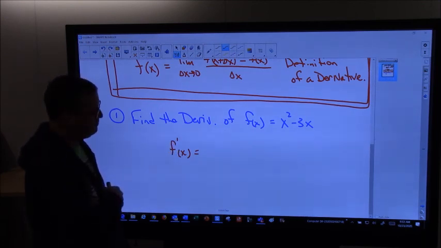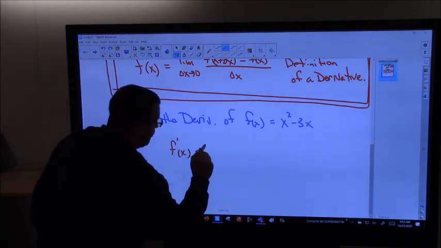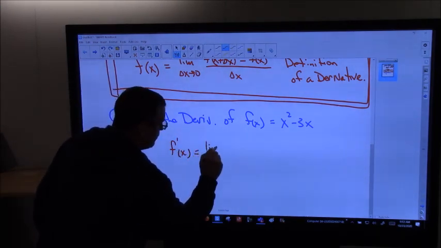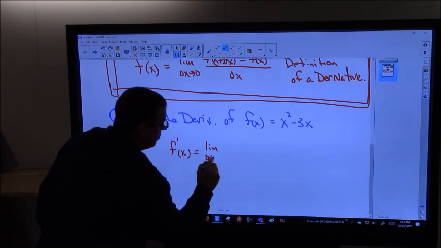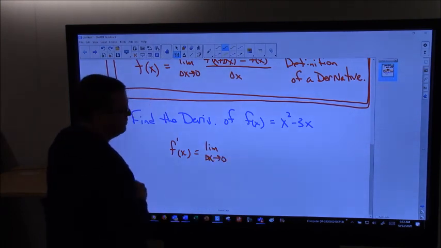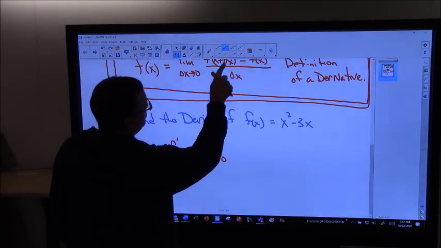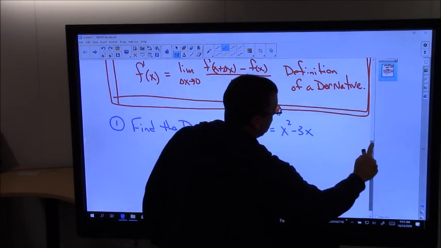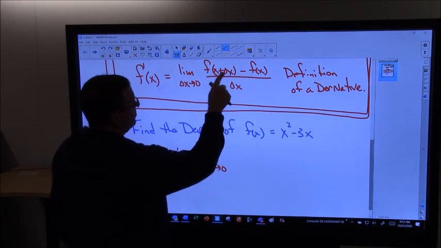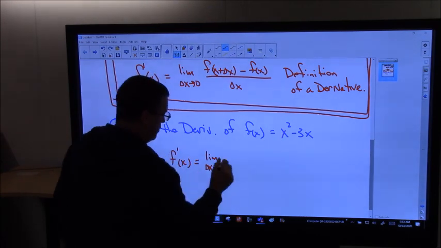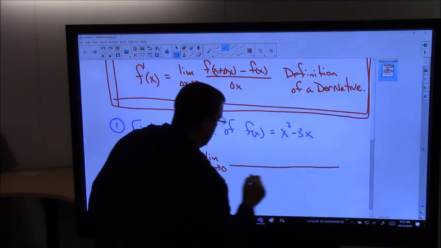So let's do this. I've got the limit as delta x approaches 0 of f of x plus delta x. So I'm going to put an x plus delta x in for both of these. So here's my fraction bar.